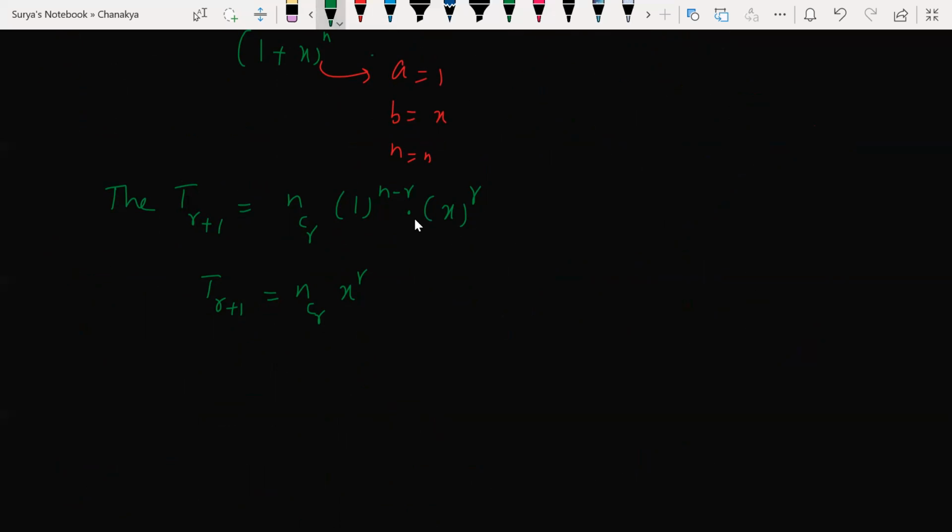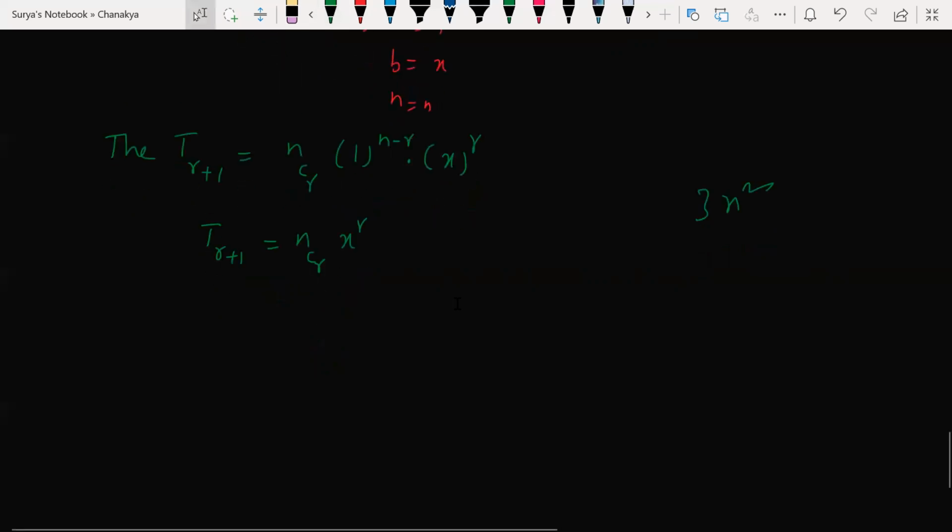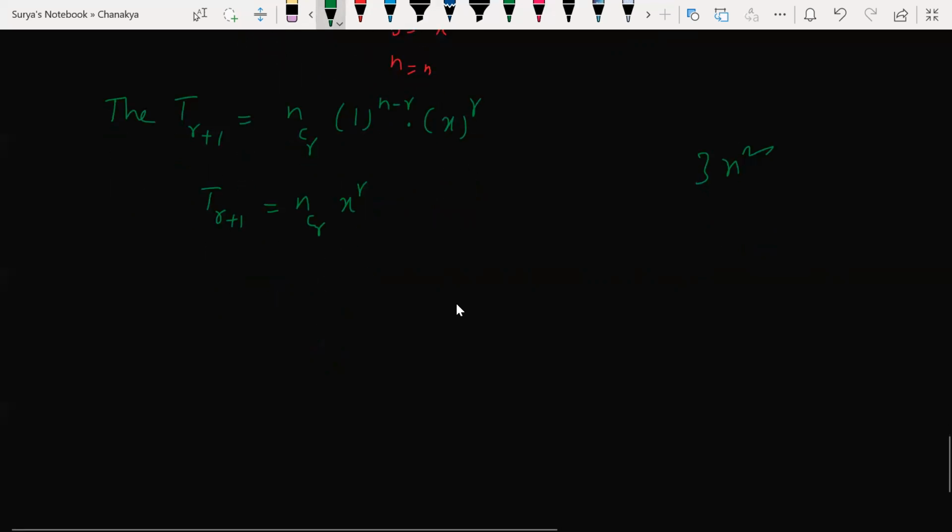This is a coefficient, beta. Let's say you have 3x square. What is the coefficient of x square here? 3, isn't it? Understand my point? Anjali ji, yes or no? Yes, sir. The coefficient of this (r+1)th term is nCr.